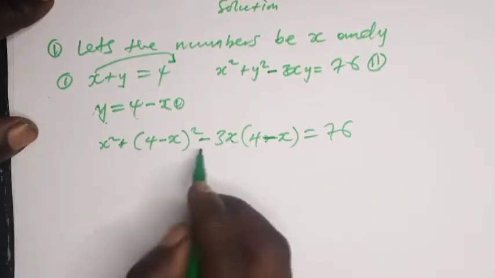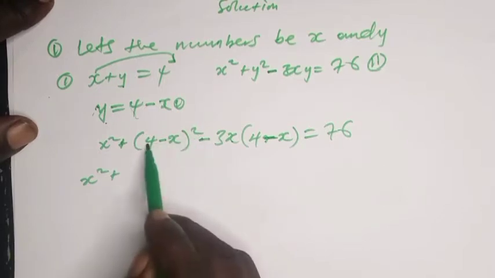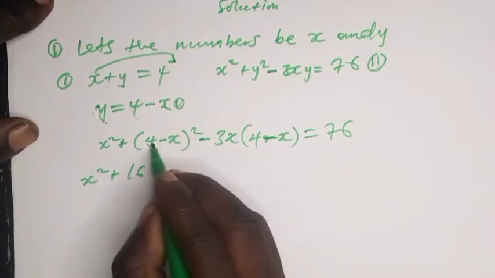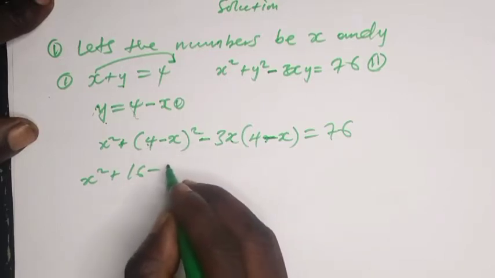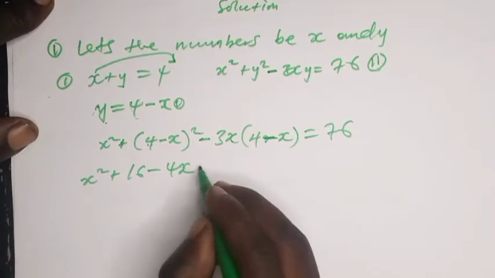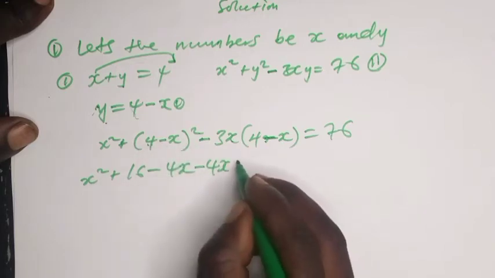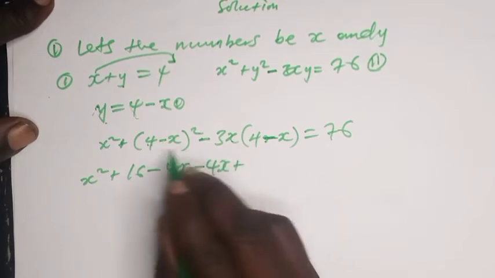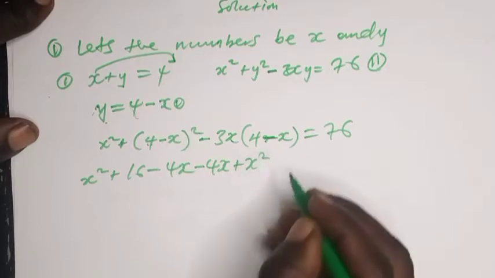Now let's try to expand this one. It will be x squared plus, because 4 squared is 16, then minus 4x, another 4x, plus this last value, minus x times minus x, it will be x squared.